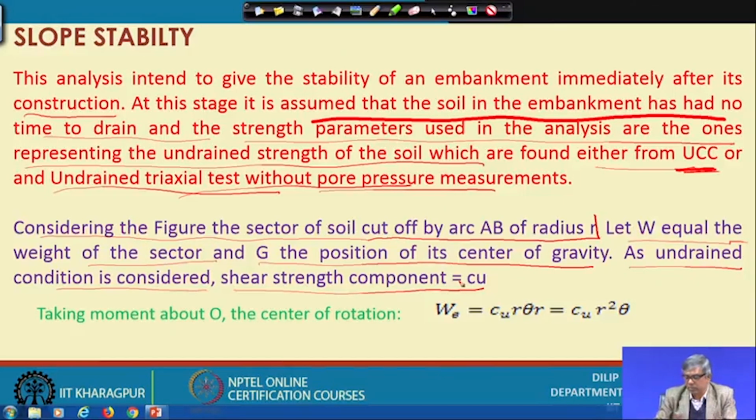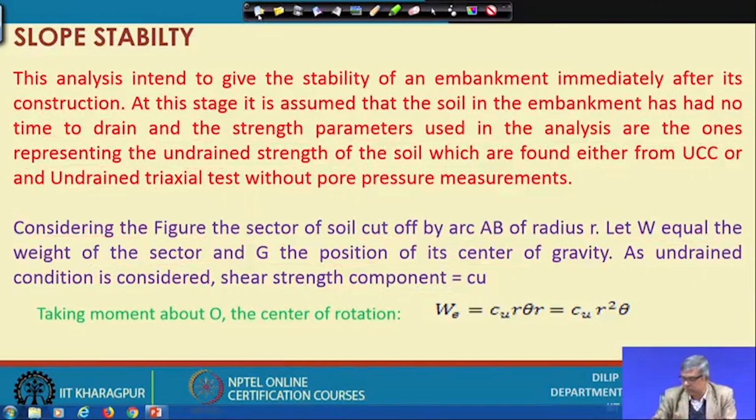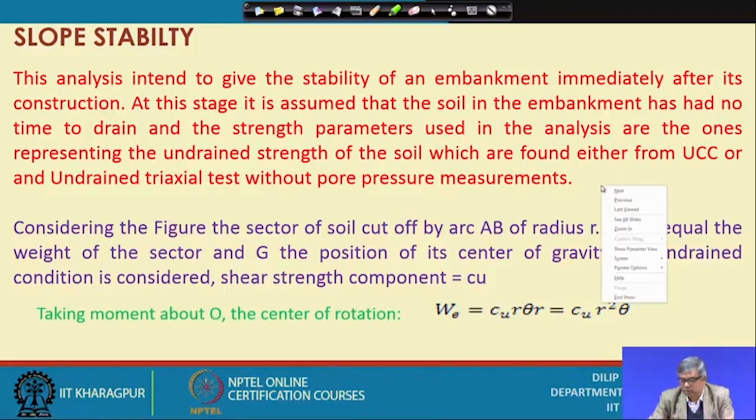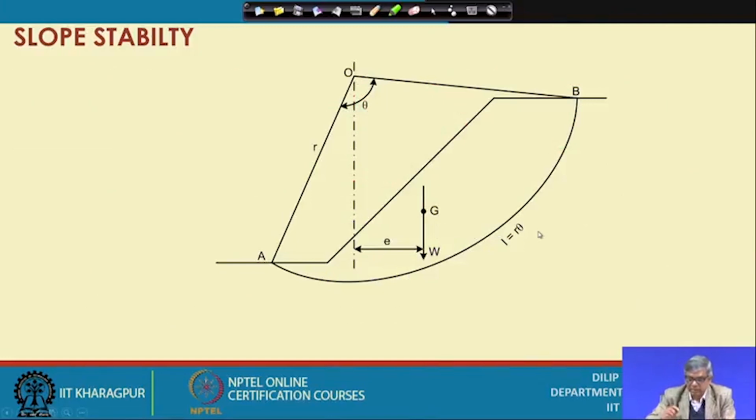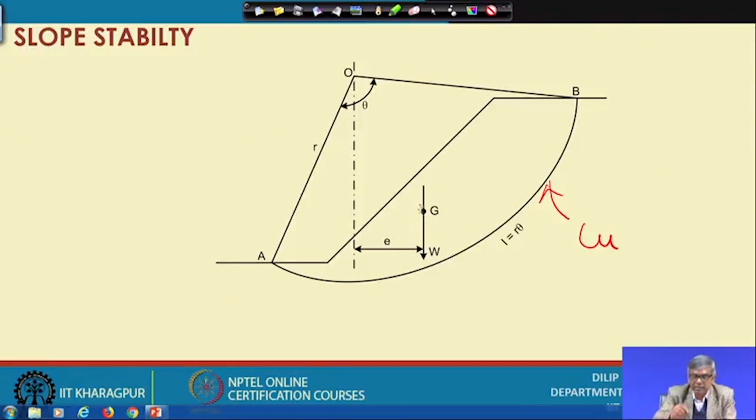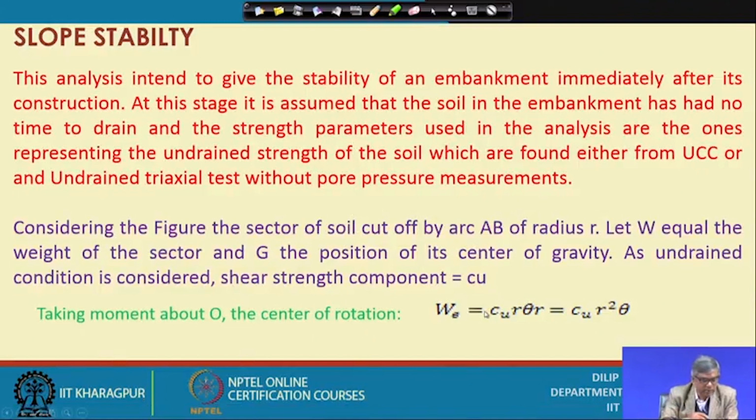That means, if I go back to the previous one, along this Cu is there and W is acting here. So, if I do that, then you can see, taking moment about O, the center of rotation.